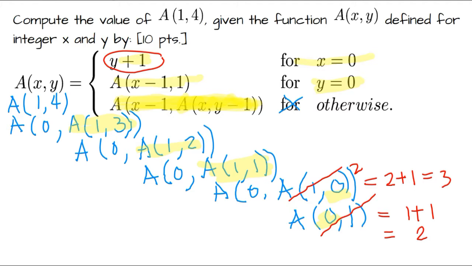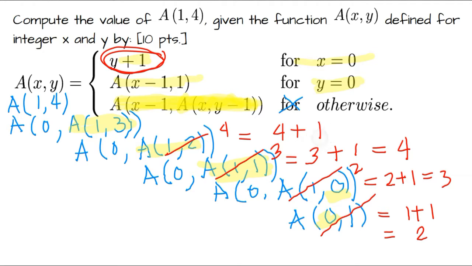And this function here will evaluate to, so this is already 3, so A(0, 3), that will be again the first scenario, y plus 1, so this will be 3 plus 1 and evaluate to 4. And if this is 4 now, A(0, 4), in the same manner this will be 4 plus 1.